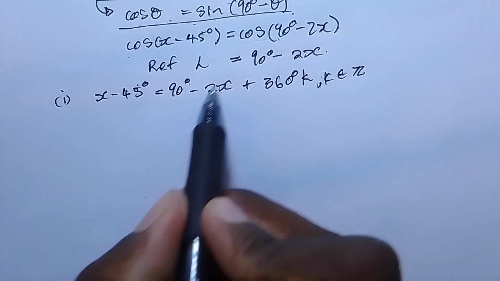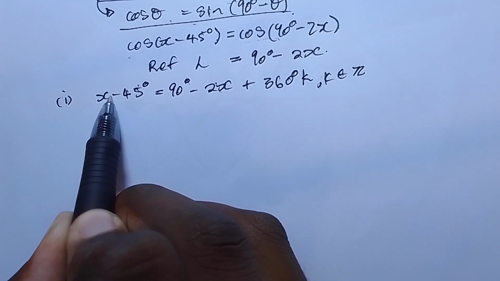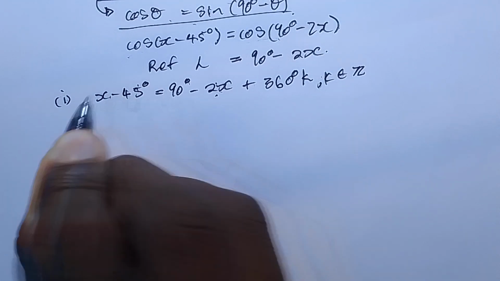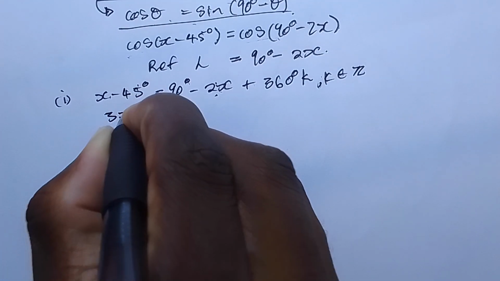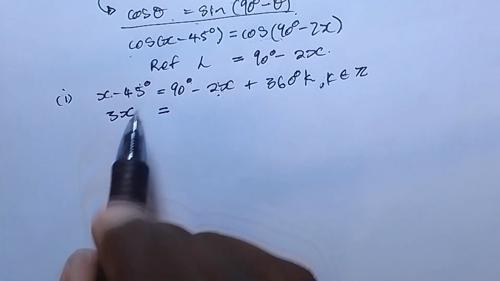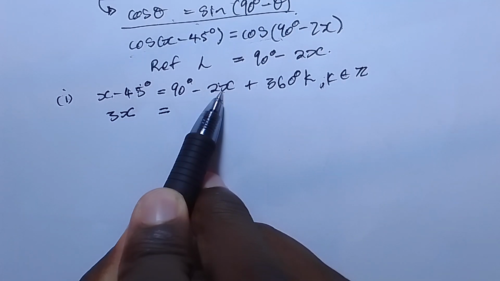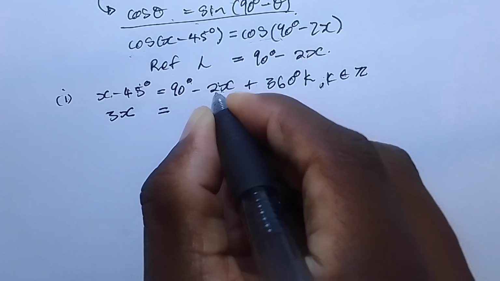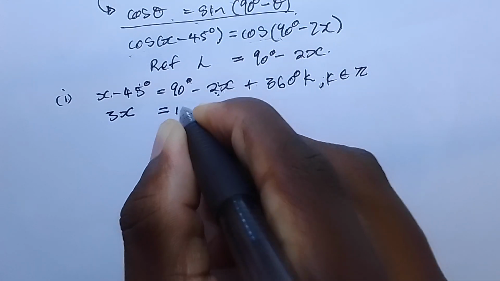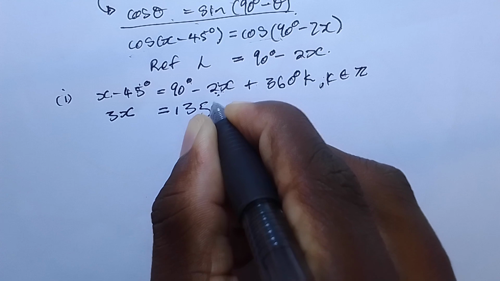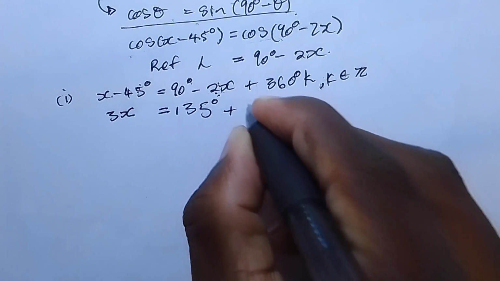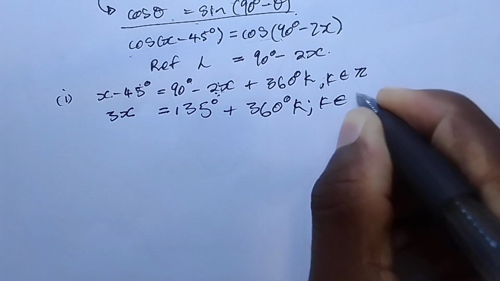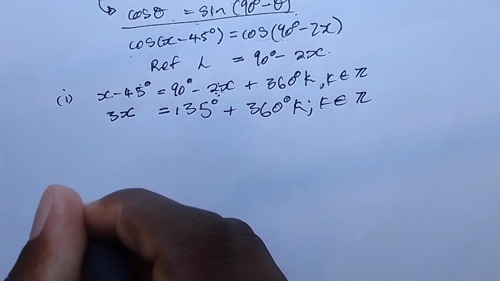Let's try to simplify it. You transpose the 2x to this side, it will be positive. You will have 2x + x, which will give you 3x. And you will transpose the 45 to that side, and it will turn positive. Now you have 90 + 45, which will give you 135° + 360°k, where k is an element of integers.